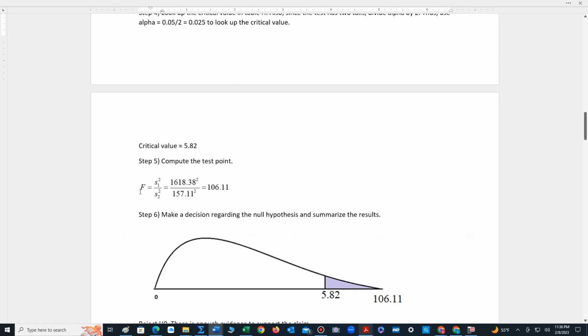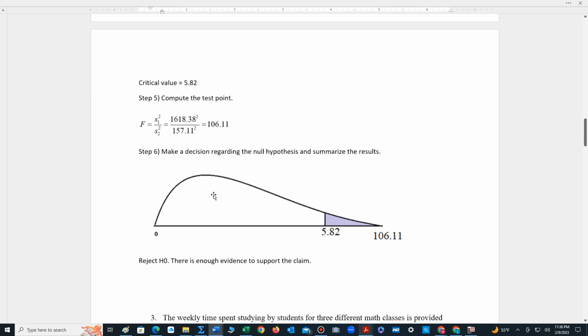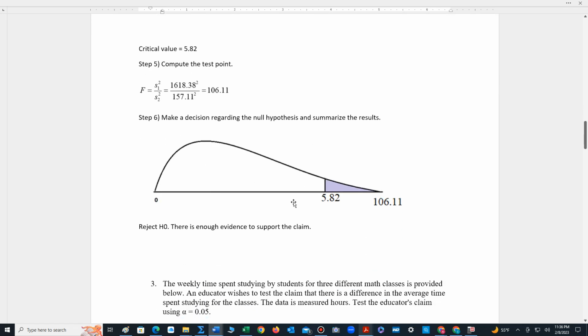We calculate F. We take the first standard deviation squared divided by the second standard deviation squared. That's going to give us 106.11. And then we can see in the F distribution, here's the critical value. 106.11 is extremely large. It definitely falls in the critical region, so we reject H naught and we say there is enough evidence to support the claim.